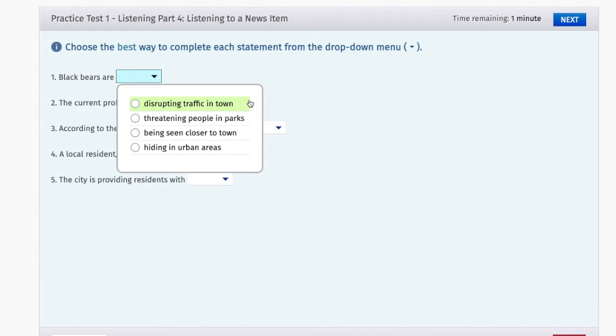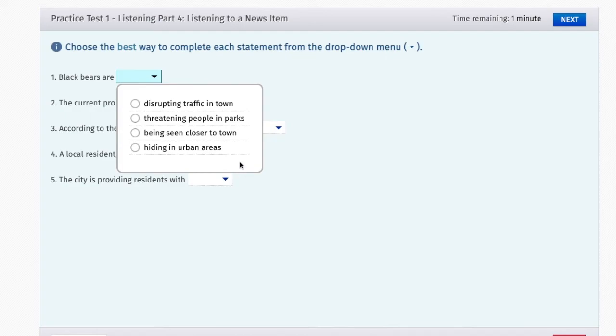The key when we look at the answers is to first, even if we heard the word urban, ask: was it hiding in urban areas? What we heard, the full idea. And furthermore, was it that black bears are hiding in urban areas?